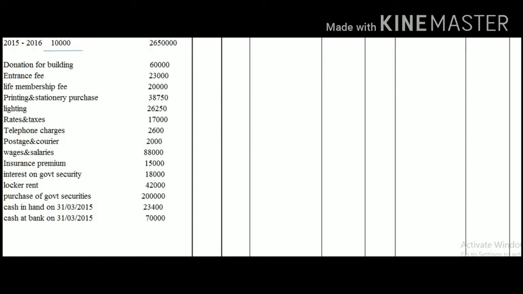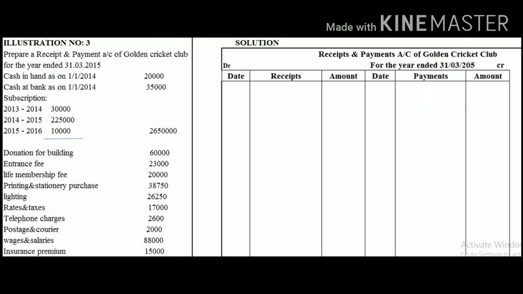So this is the question, with transactions related to the receipt and payment account. You have to work out this problem in the receipt and payment account. The first procedure is that in the top line you have to write: receipt and payment account of Golden Cricket Club for the year ended 31st March 2015.